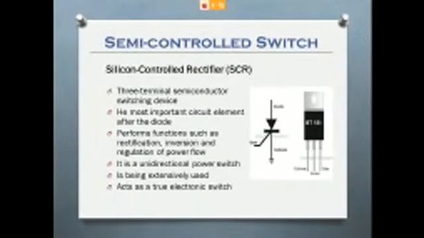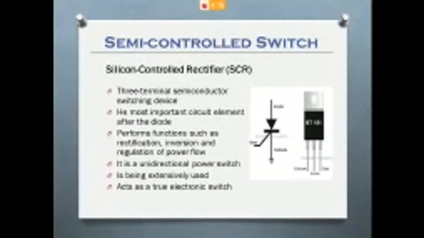So the next classification would be a semi-controlled switch. And the first and main example would be the silicon controlled rectifier, also called an SCR. It is a three-terminal semiconductor switching device. As we can see in the picture, it has an anode, cathode and a gate. This is the most important circuit element after a diode.